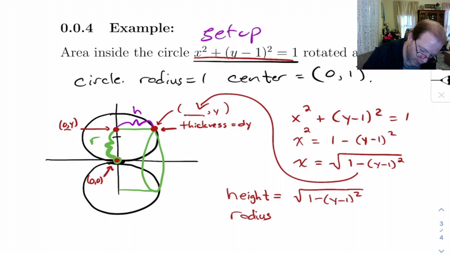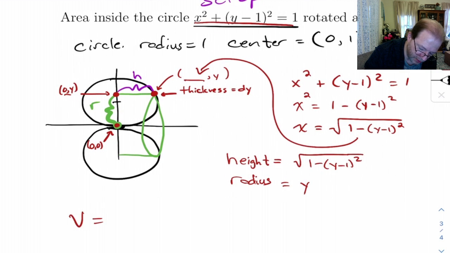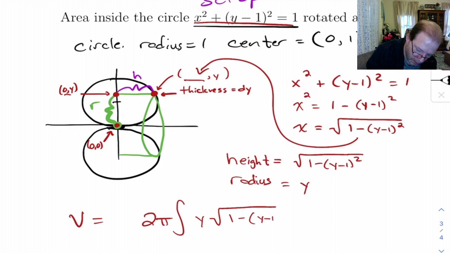So the radius is y, and so the volume for this thing is going to be, now I'm skipping some space here. The formula for shells is 2 pi radius, height, thickness. And then we're going from one end to the other.